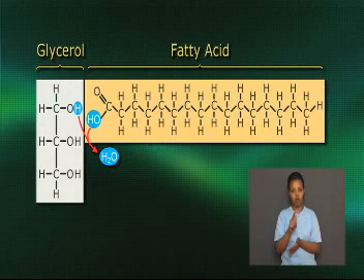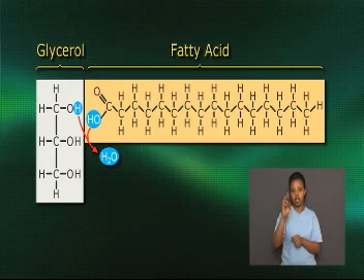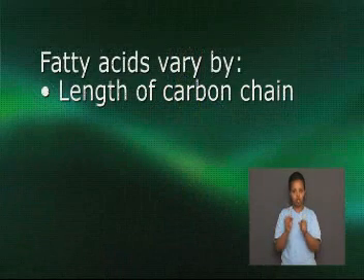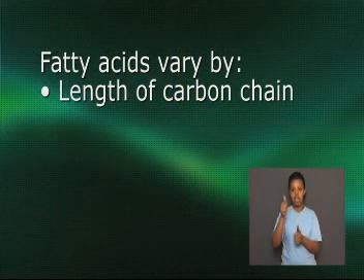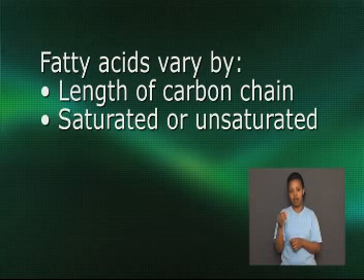Lipids are made up of a combination of two types of organic chemicals, glycerol and fatty acids. Glycerol is always the same chemical. However, fatty acids can vary in two ways: by the length of the carbon chain and whether the fatty acid is saturated or unsaturated.